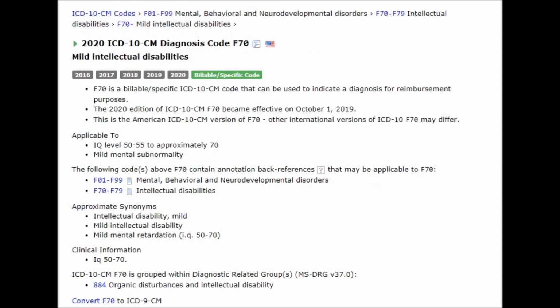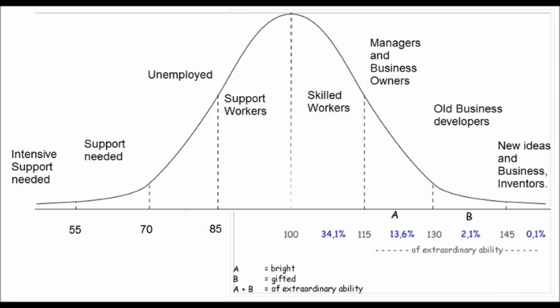So basically an IQ below 70 is without a doubt a level where in Western countries it's considered that you can get a retirement pay because nobody really expects you to be able to sort out your everyday living.